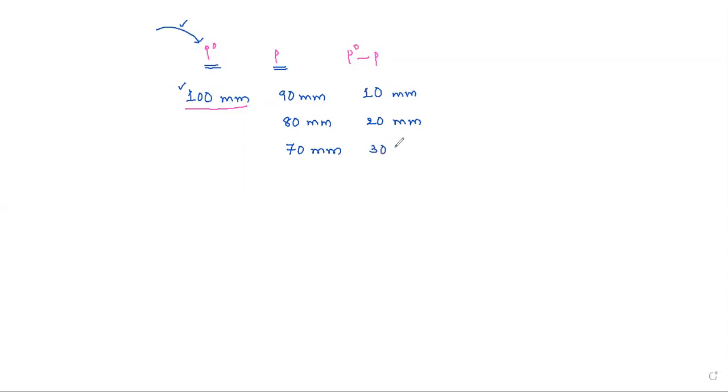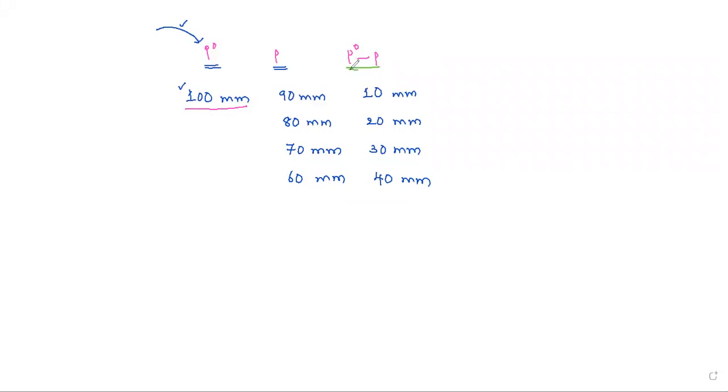Now the decrease in the vapor pressure of pure solvent because of the addition of this amount of the non-volatile solute is 30 mm. Go on adding the non-volatile solute. Say the vapor pressure of the solution decreases to 60 mm. Now what is the decrease in the vapor pressure of the pure solvent? It's 40 mm.